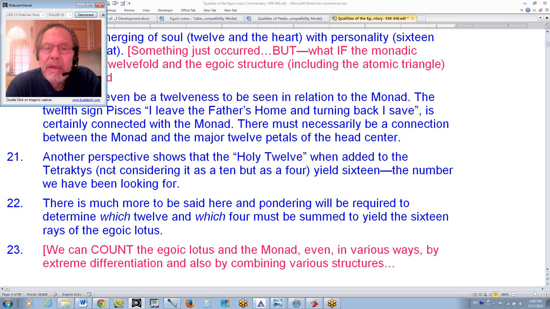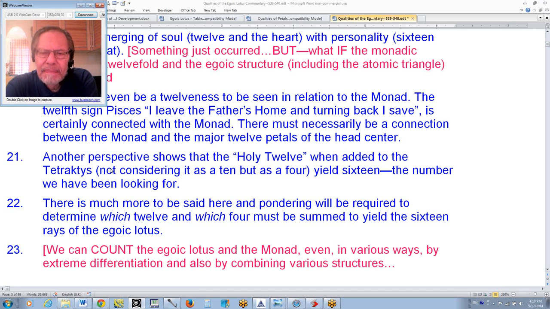And sometimes we may wish to articulate minutely, in which case we would add the 15 that come from the 4 tiers of petals, and then also the atomic triangle, that's 15, and add a 7 to it, which would bring us to 22, the 7 being the 7 facets of the jewel in the lotus.